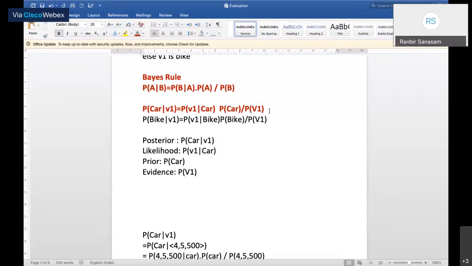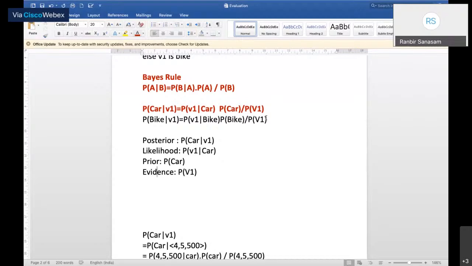So the Bayes rule is: posterior probability equals likelihood times prior probability divided by evidence.